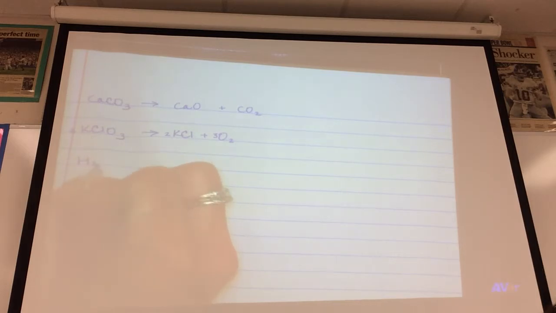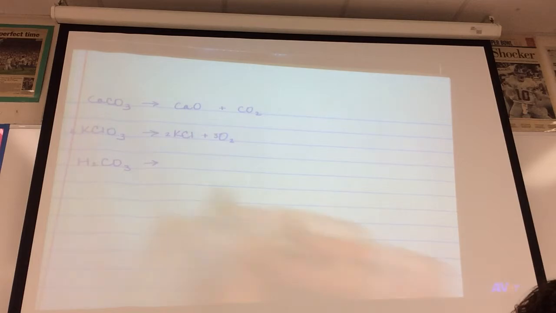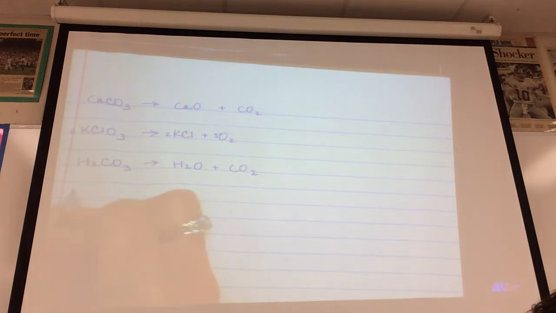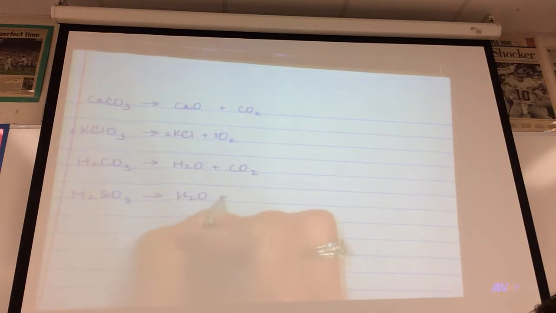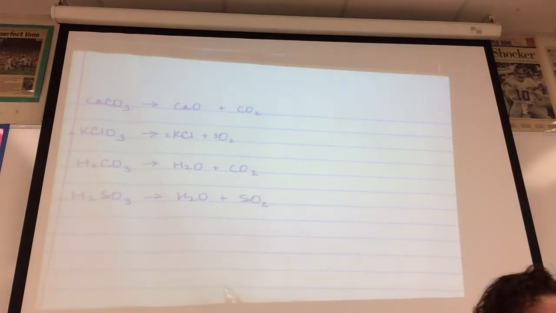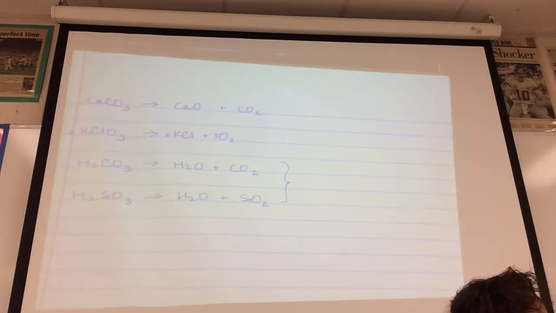If you have this, it yields what? Carbon dioxide. Water and CO2, right? And if you have this, it makes SO2. Those are the only two they ever ask. I don't think you need to know any others.